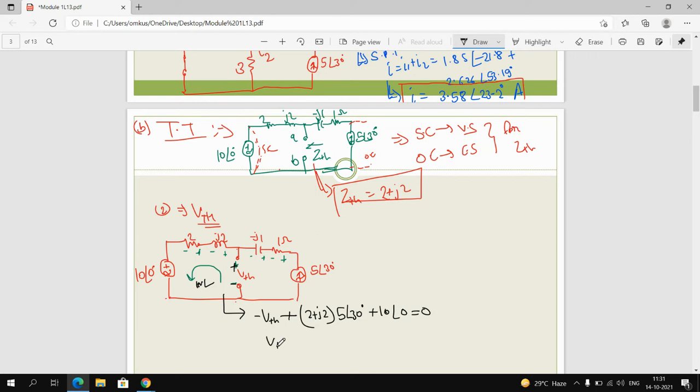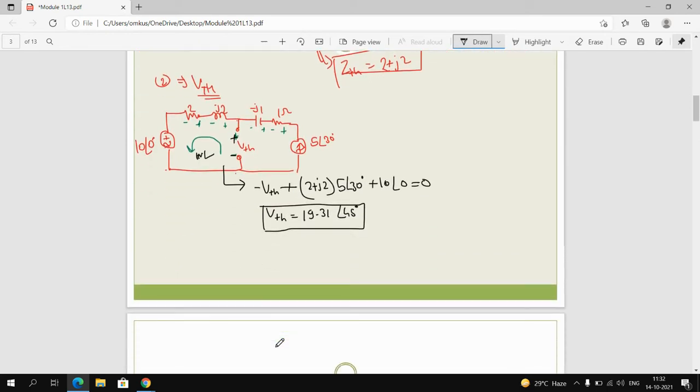Now solve this VTH. When you solve this VTH, you will get 19.31 at an angle of 45 degrees. That much value you will get when you solve this. Now you have calculated these two quantities. Now what is the equivalent?